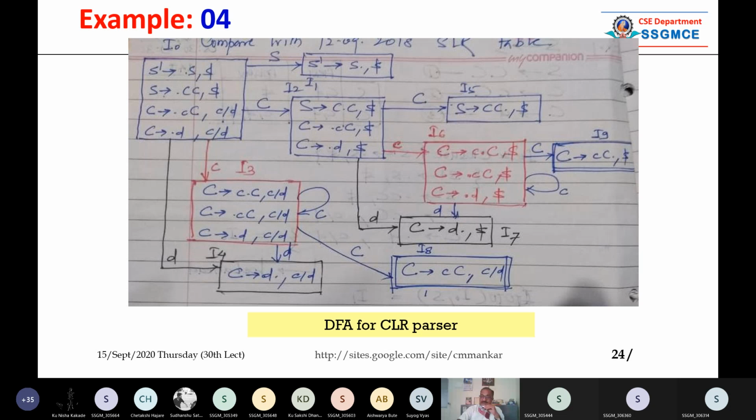Then you should highlight capital letters and lowercase letters, because capital letters represent non-terminals and lowercase letters represent terminals. Then you should write the states clearly, for example, here I am writing I7 or I4. So in the exam, you have to do it like that.